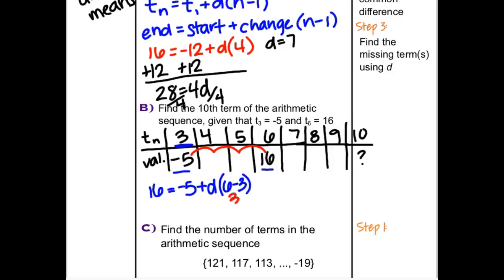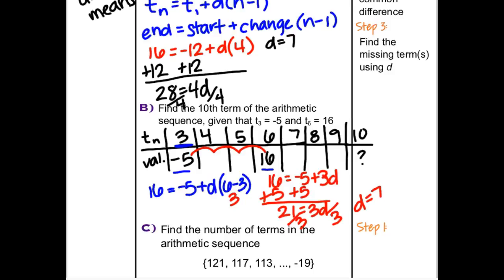And 6 minus 3 is 3. So we're looking at 16 equal to -5 plus 3d. We add 5 and we get 21 equal to 3d. We divide by 3, and we get d equals 7 again.